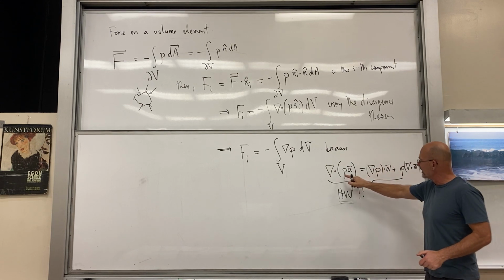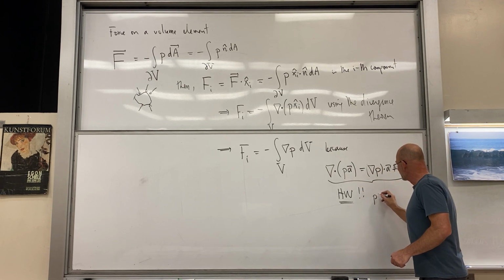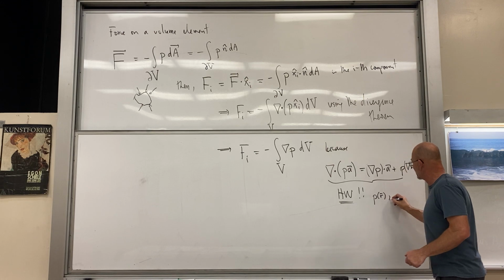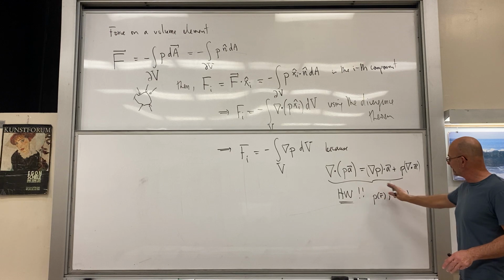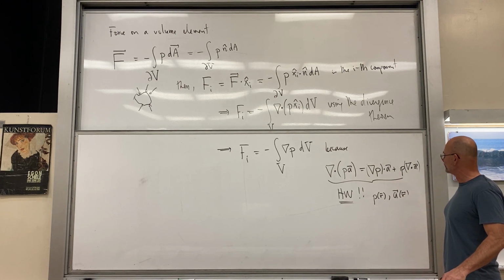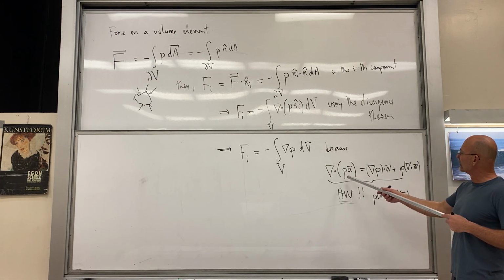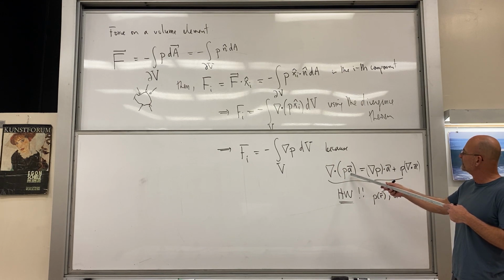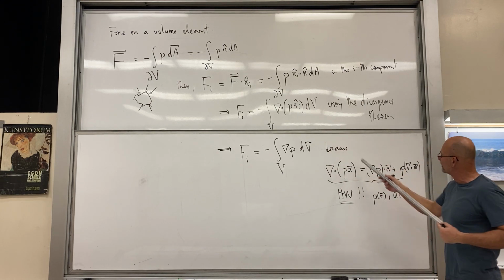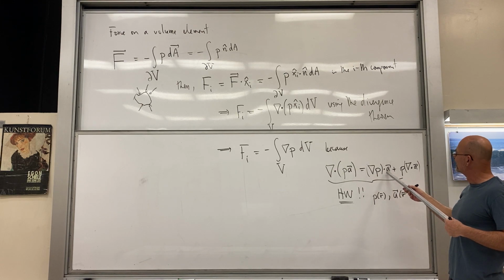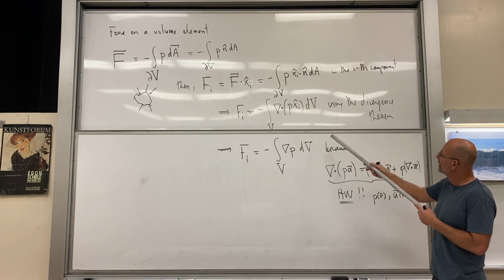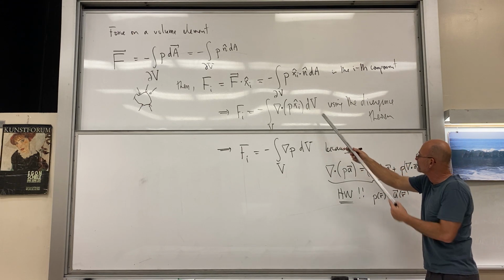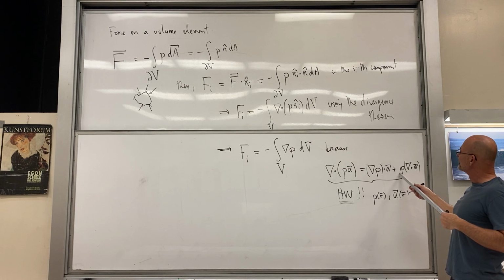And so what we're saying is we have P times our vector A of R, where the vector has 3 components and R is x, y, z. Back to this. So divergence of P xi hat, we have the gradient of P dotted into xi hat plus P times the divergence.